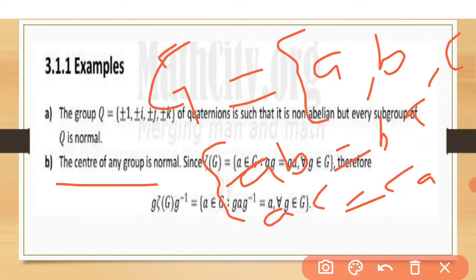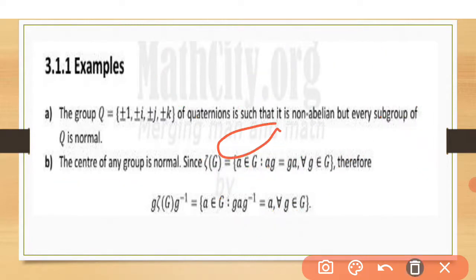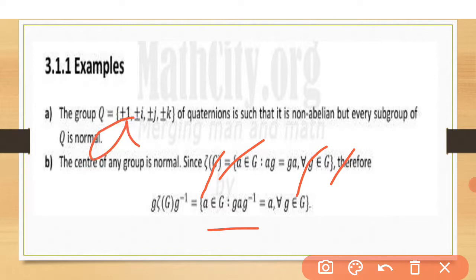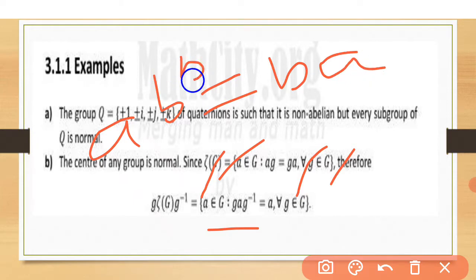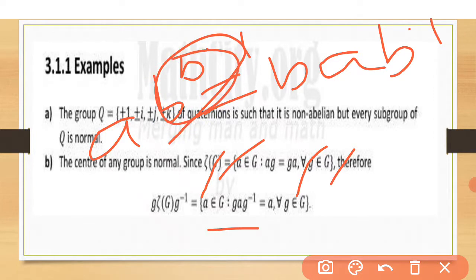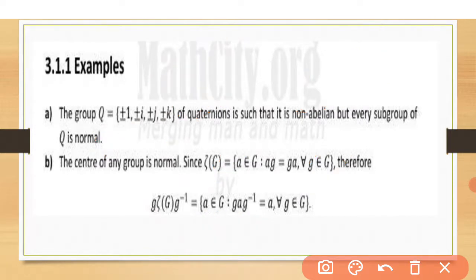It means that a commutes with every element of G, so a will be called the center of G. I hope you understood. We take a from G and g also from G and take its conjugate. Commutating or conjugating means the same, because ab is equal to ba. If we multiply by b inverse, b and b inverse become identity. So a is equal to bab inverse. So the center of any group is normal.